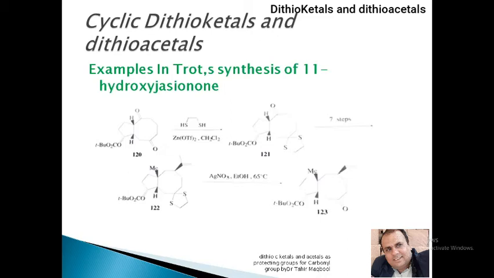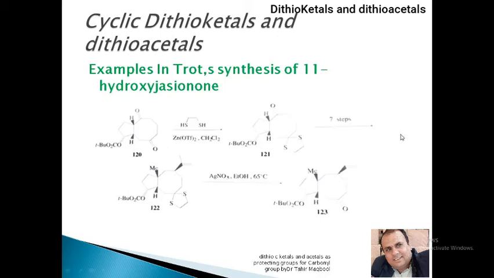As you know, there are two ketonic groups available. So this keto group is selectively converted into dithioketal, that is monodithiolane 121, by using these conditions, like DCM, to get the compound 121.